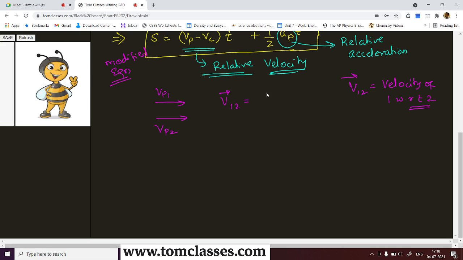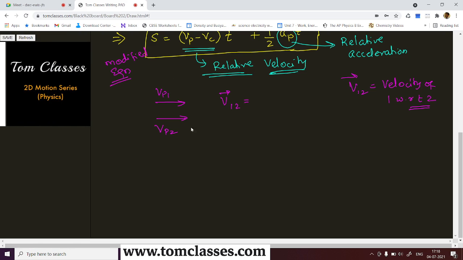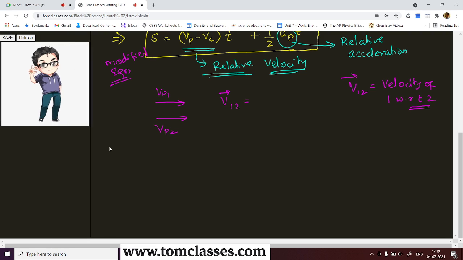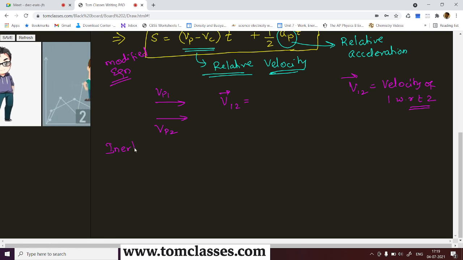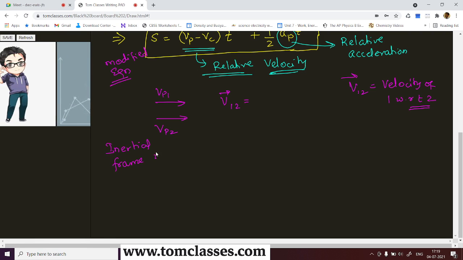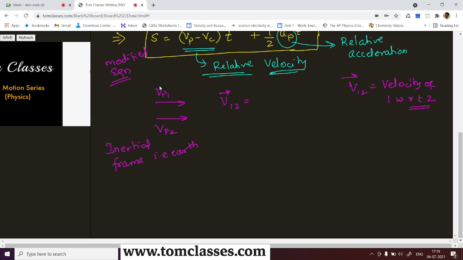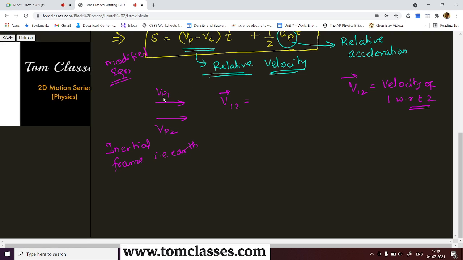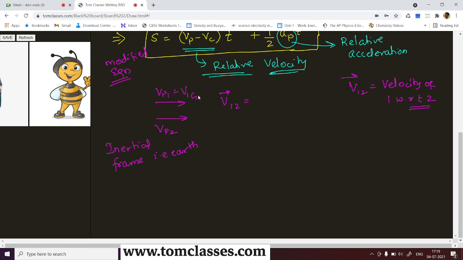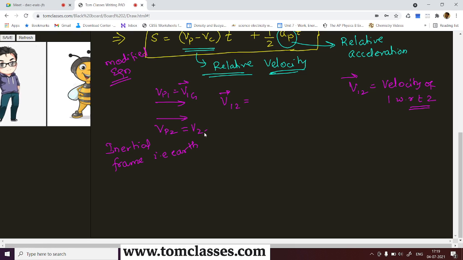So v12. Then there has to be some inertial frame. The inertial frame we are going to consider is earth. If this is the velocity of party 1, it is the velocity of 1 with respect to earth, that is ground, and this is the velocity of party 2 with respect to ground.